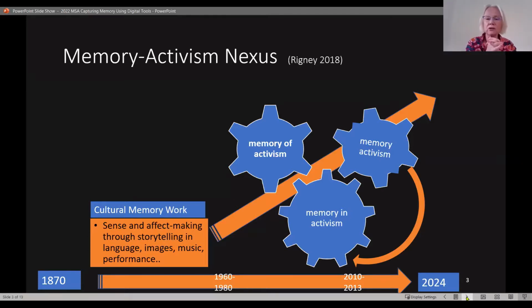So rather than looking at just a single generation, we're looking right back to 1870 and even beyond. So what I want to talk about today is specifically the cultural memory of activism. How have protest movements been remembered? That has been a very key part of our research.